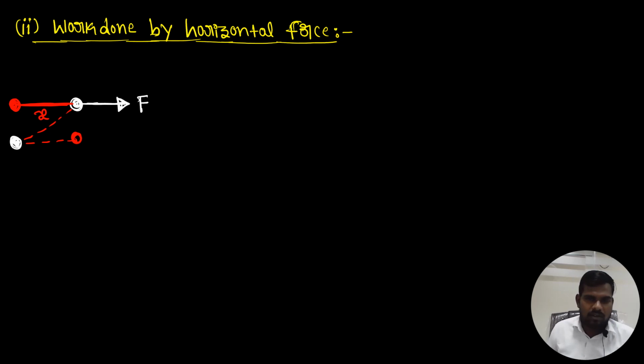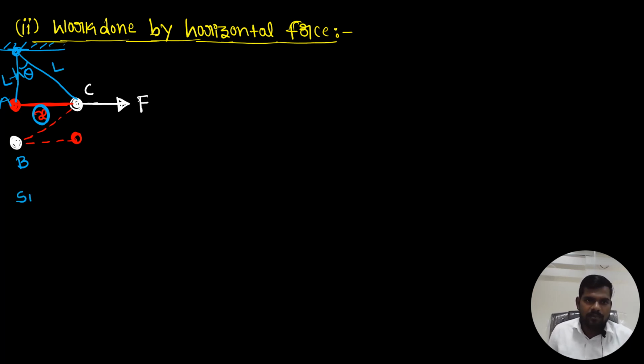Already this point we called C, this point we called B, and this point we called A, and the position will be like this, right? Theta. This is the x we need to find out. This is L minus H and this is L. Now I will take sine theta.